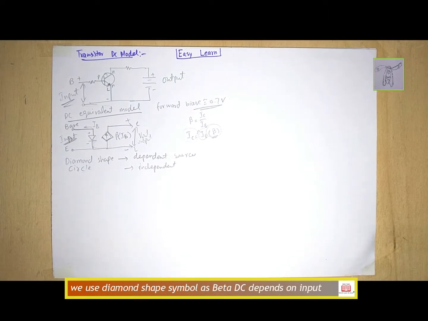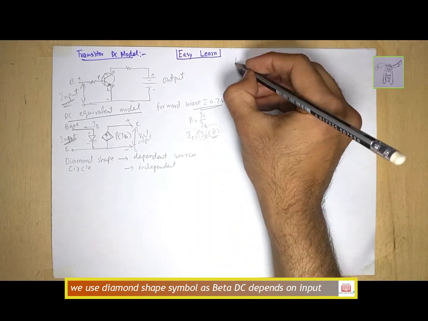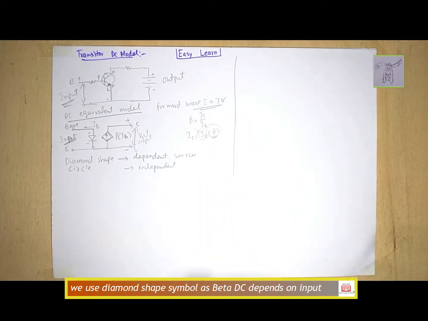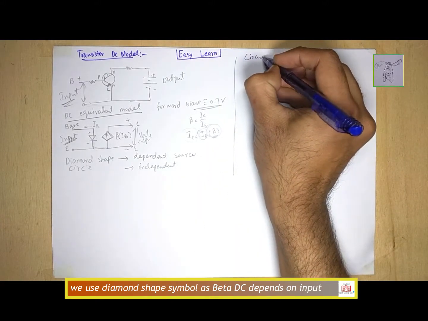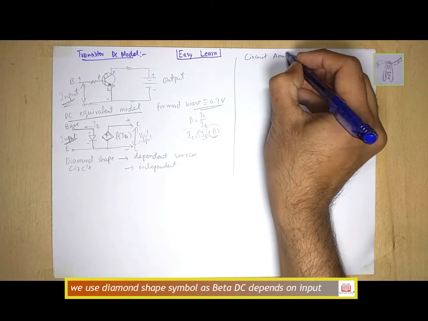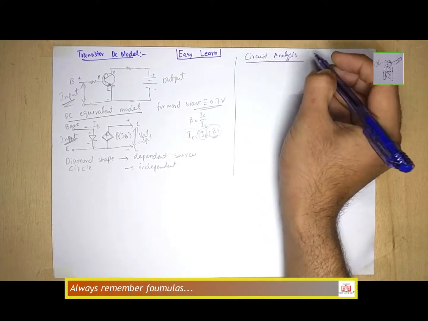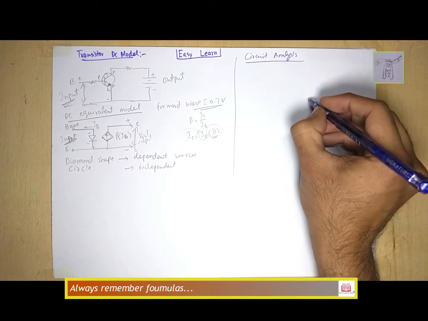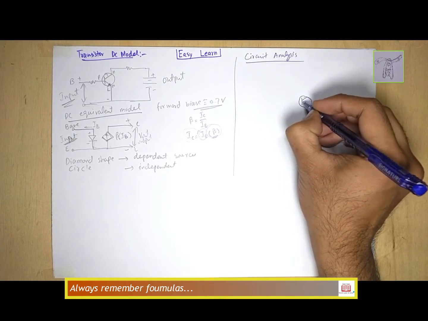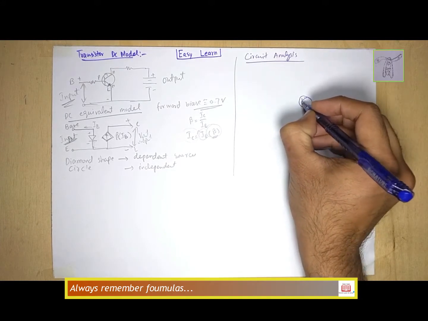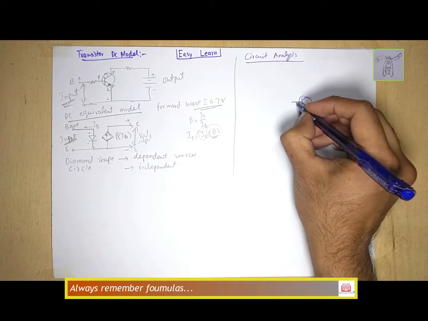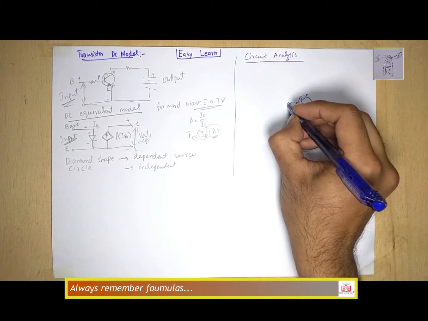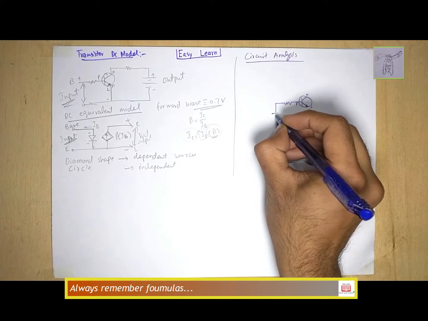So let's start some discussion on circuit analysis. What is circuit analysis? As the name indicates, we have to connect our bipolar junction transistor in a circuit. Once again, I am using an NPN transistor, and the NPN transistor is connected in this way.